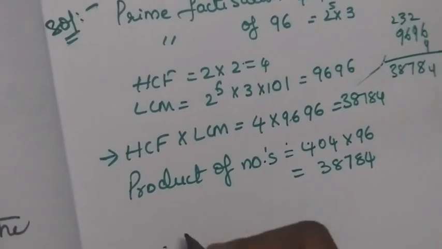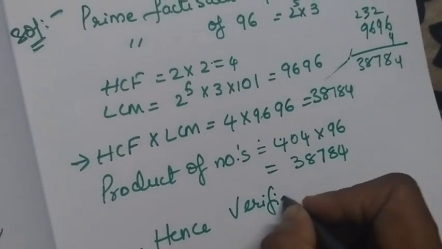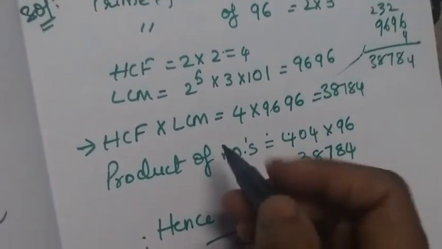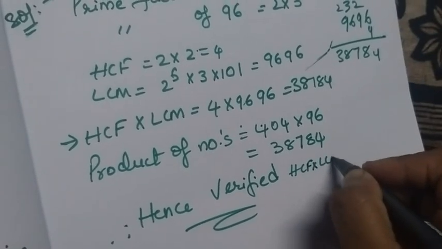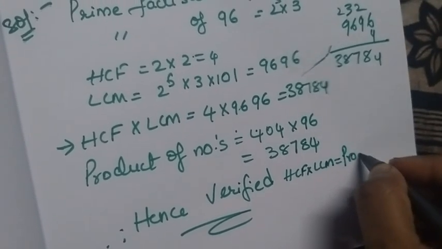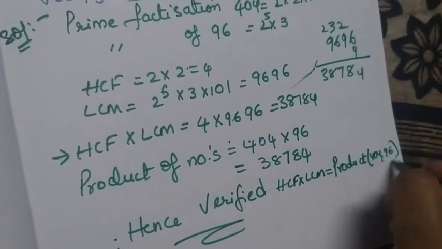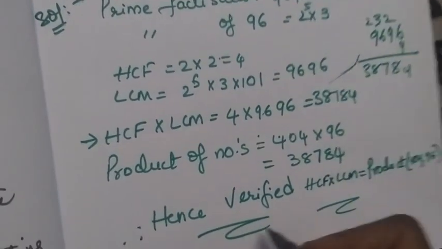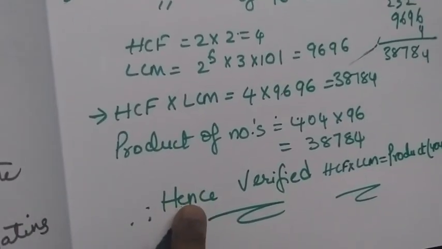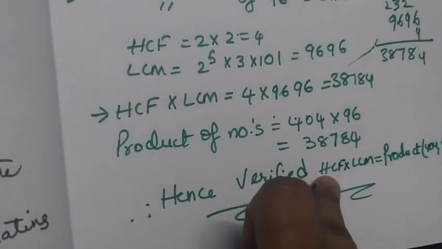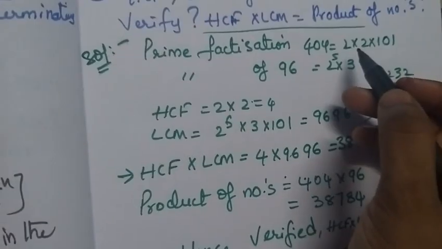So hence verified that HCF and LCM is equal to the product of 404 comma 96. Okay, like this we have to write. After writing the solution we have to write the last step, that is hence verified, HCF and LCM is equal to the product of the given numbers.